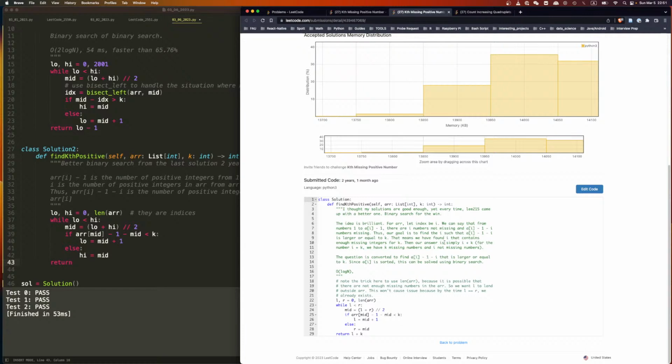So at index I, this index tells us we have I number of not missing integers in front. Okay.